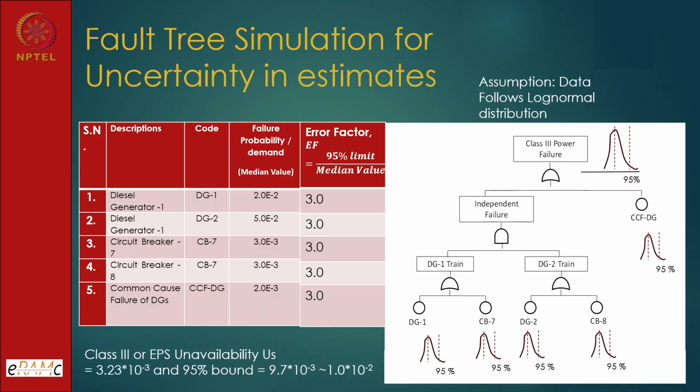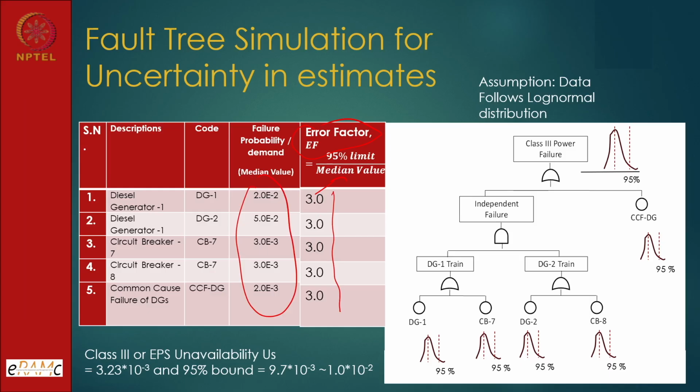Let's say we had these cut sets from our exercise. For diesel generator DG1 there is a failure probability, and we have given the error factor. Error factor is nothing but the 95% limit divided by the median value. Generally, if we have good confidence, for example plant specific data, we take an error factor of 3.